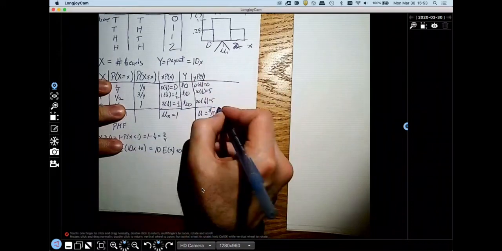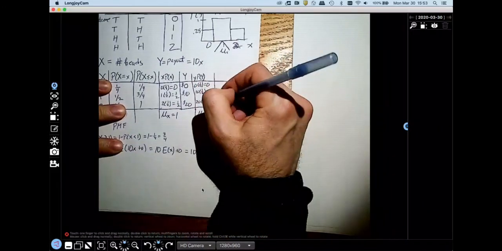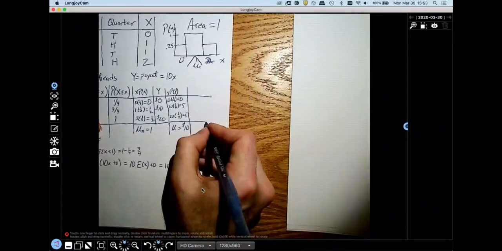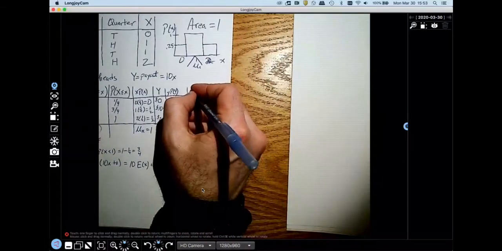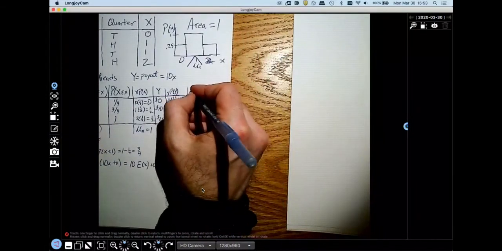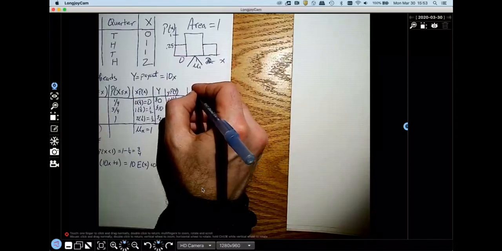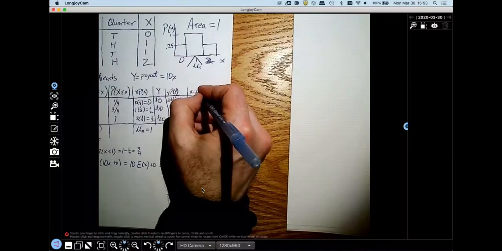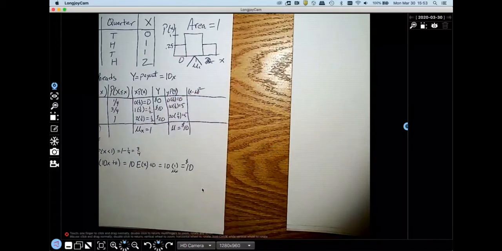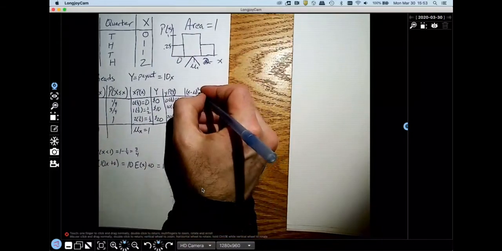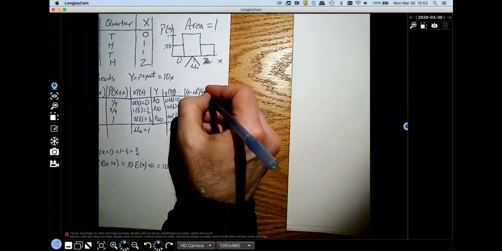I'm going to come over and add a column here. Let's start out with (x minus mu) squared. Actually, let's just go all the way. We're going to multiply this times the probability of x.